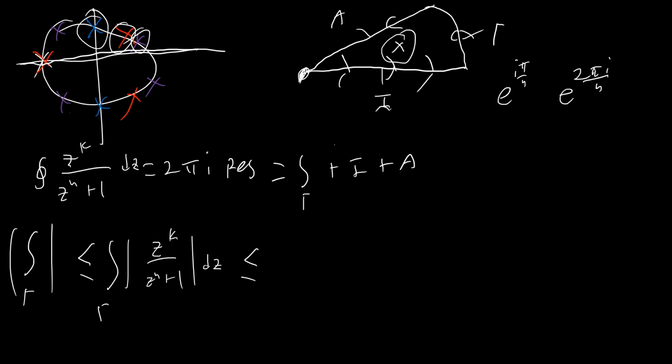So that's going to be just, I believe, pi over n, yes? No, it's going to be 2 pi over n. That's the length of our integral. 2 pi over n times r, where r is just our limit. We're going, r goes to infinity. That's just the radius of our large circle. And then the maximum value of this bit right here.